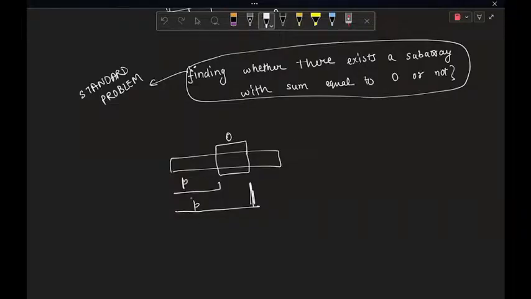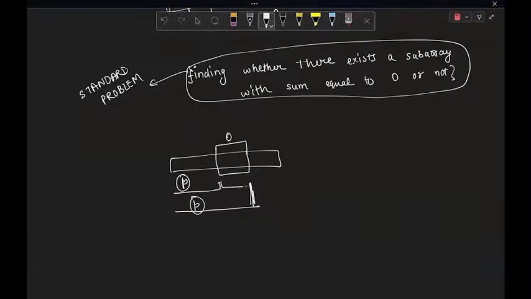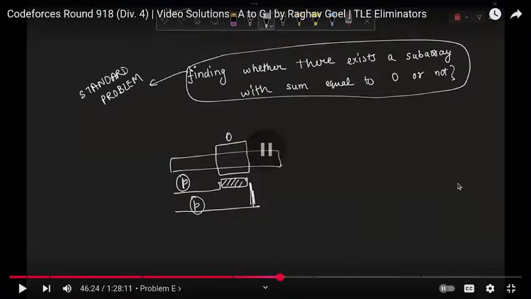And it is actually the other way also. If any two prefixes are equal, then there would be some subarray whose sum is equal to 0. Okay, I get it.